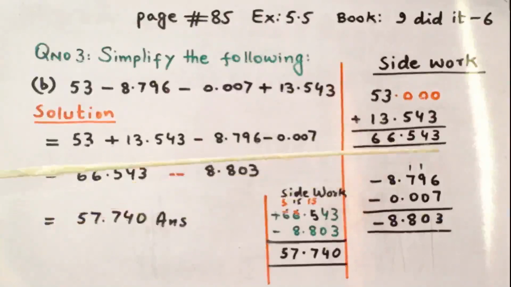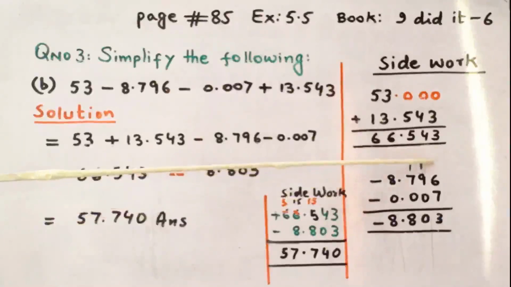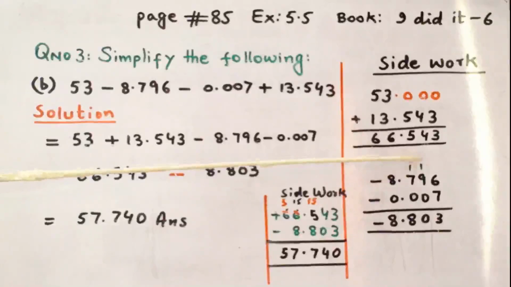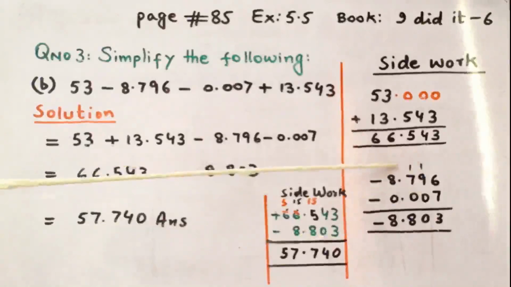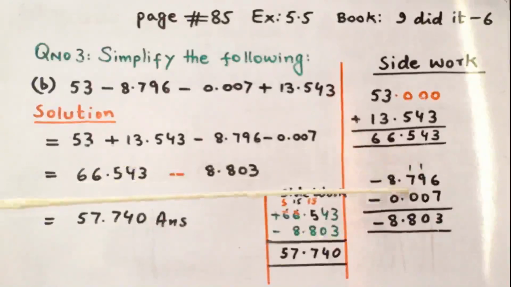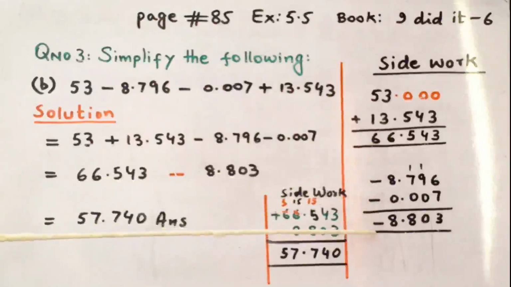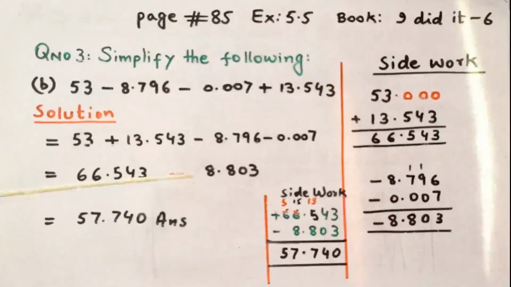So you have to add these numbers. 6 plus 7, 13. 1 is carry. 9 plus 1, 10. 10 plus 0, 0 is here. 1 carry. 7 plus 1, 8. 8 plus 0, 8 is here. Put decimal. 8 plus 0 is equals to 8. Now write minus sign here. Minus 8.803. Write down minus 8.803.